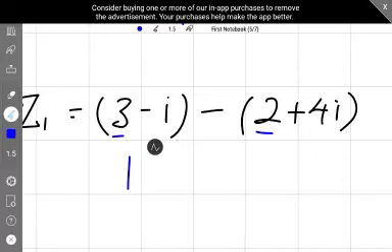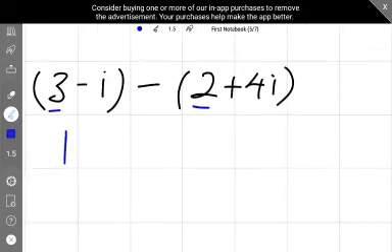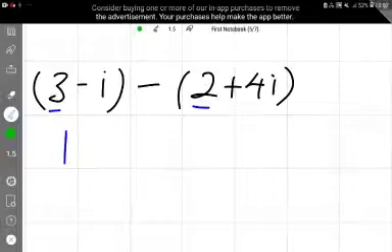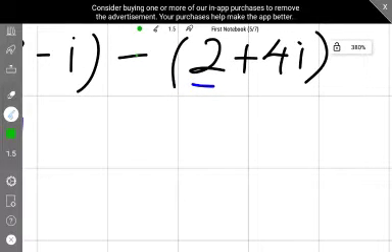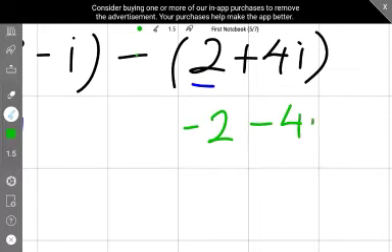Here we have minus i minus 4i. The reason why I say minus is because of this negative sign outside. It's going to change everything inside the bracket because it's multiplying everything. When you open up the bracket, you're going to have minus 2 minus 4i.